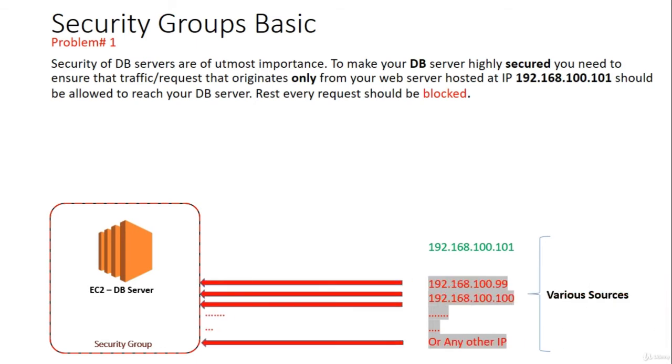If you have paid attention to the last few minutes of the video where I was explaining IP and CIDR, you must have got the solution by now, how to allow a single IP. This is typically that problem.